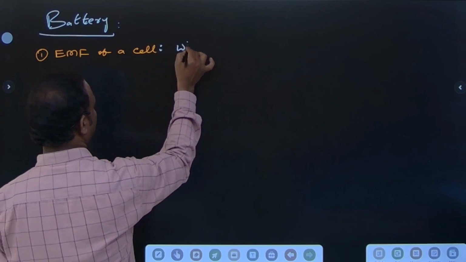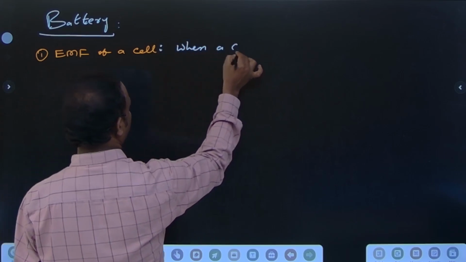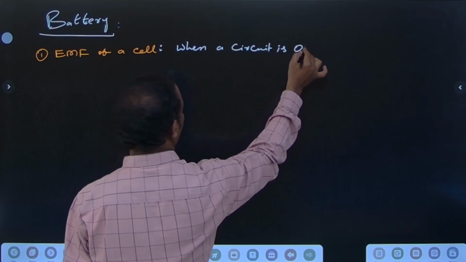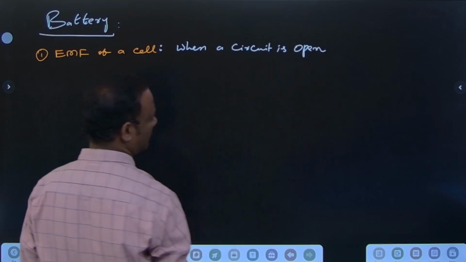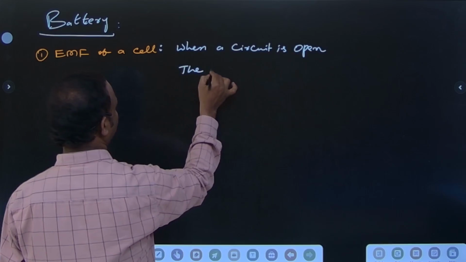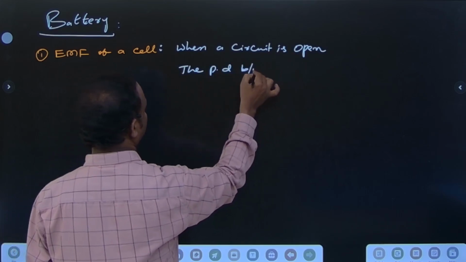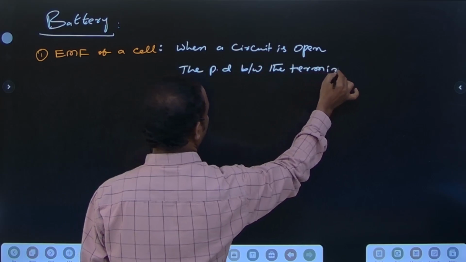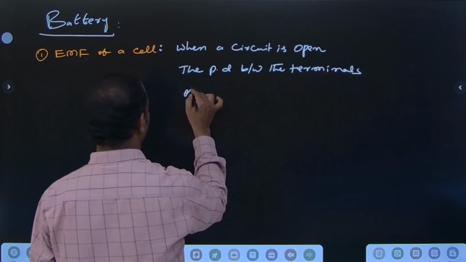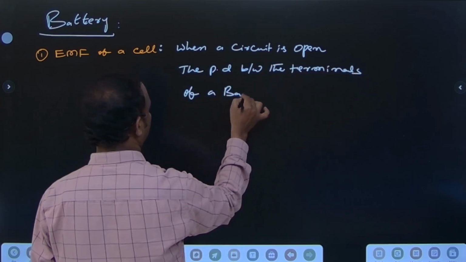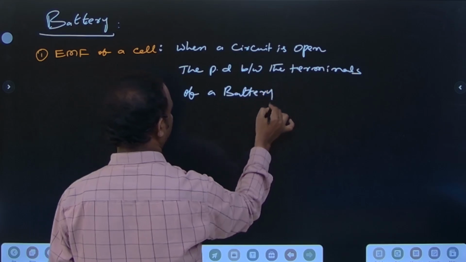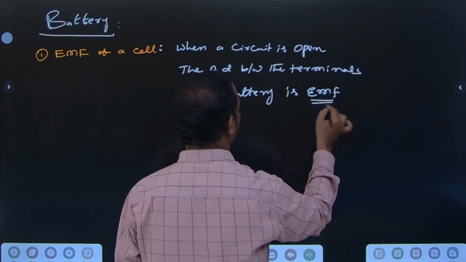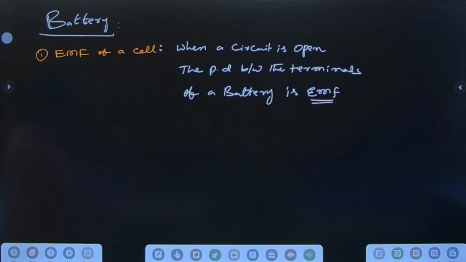When a circuit is open, the potential difference between the terminals of a battery is the EMF, electromotive force.